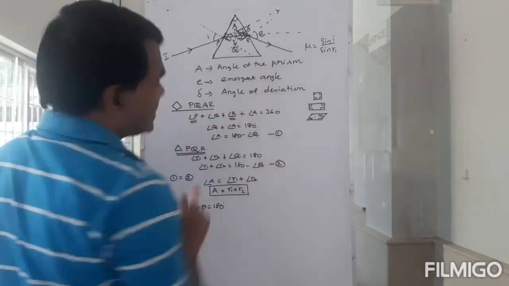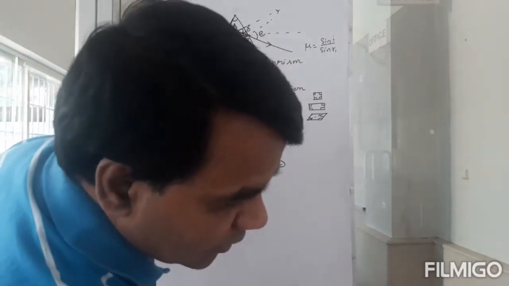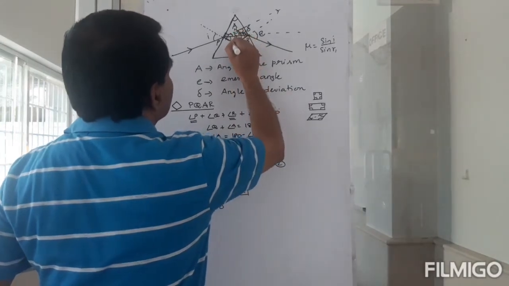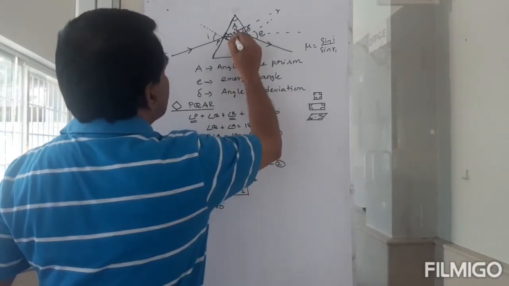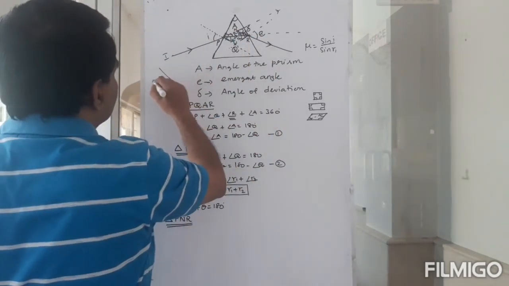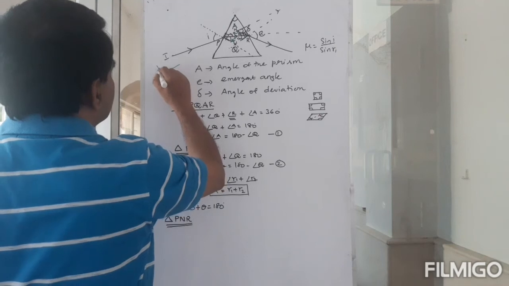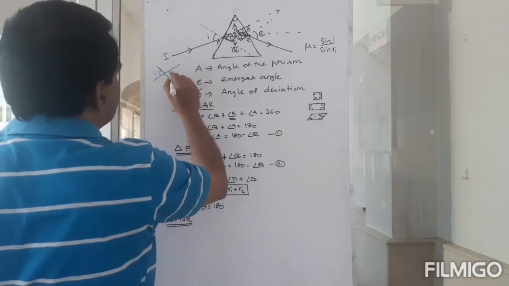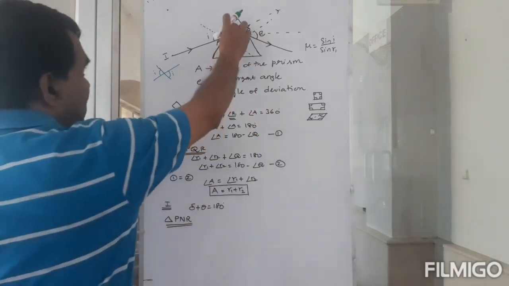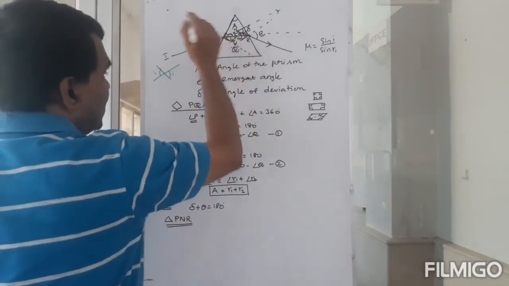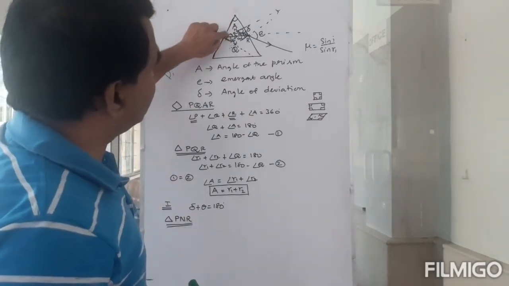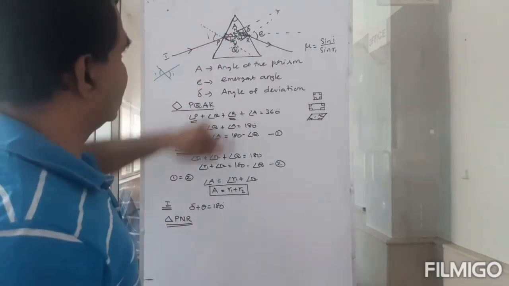What is this angle? This angle must be equal to I. But what I want is this angle, so that angle will be I minus R1.